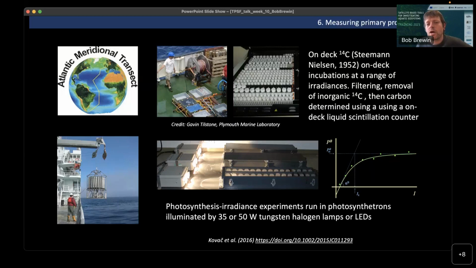And then you would look at how much of that 14C was taken up in the form of particulate carbon by measuring it on a scintillation counter afterwards, from which you can get an approximation of the primary production.